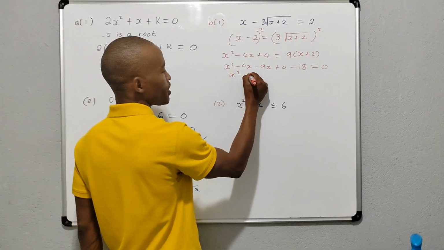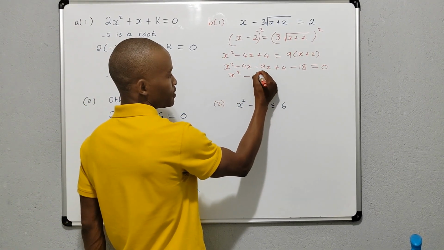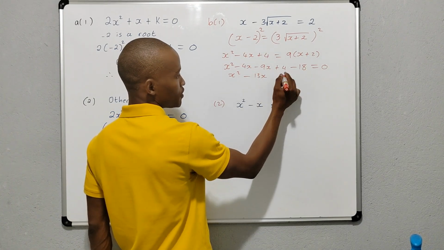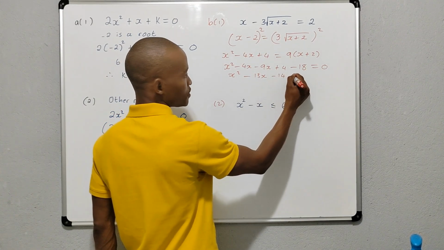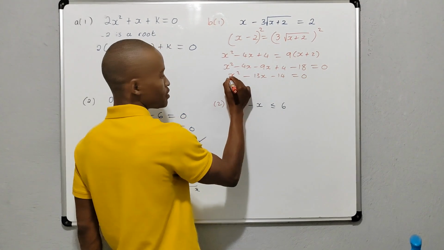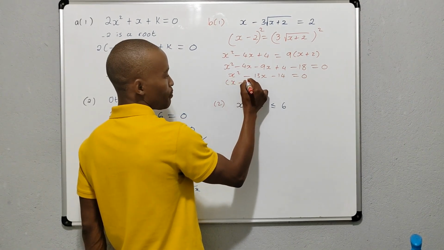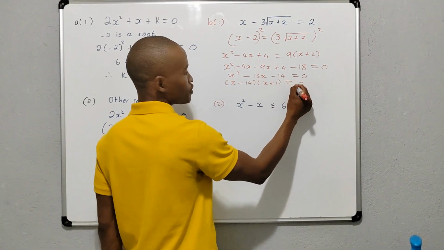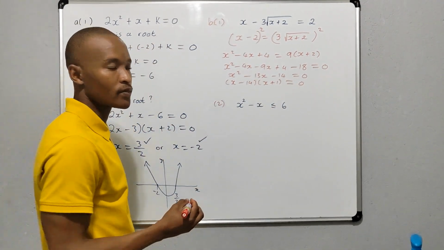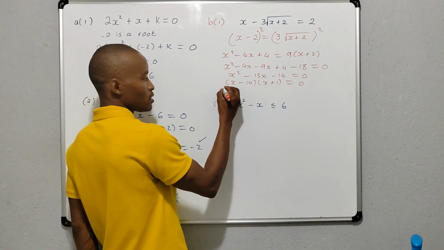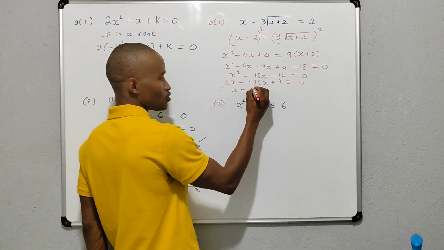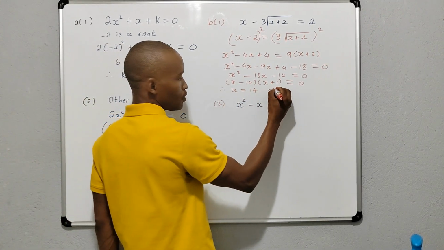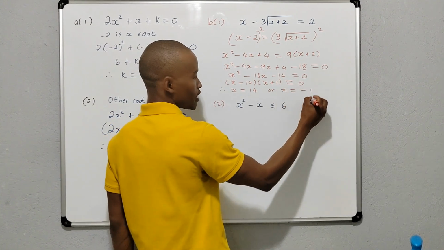We have x squared minus 13x minus 14, which is equal to 0. So x minus 14 and x plus 1 is equal to 0. Okay, so then we can just say therefore x is equal to 14 or x is equal to negative 1.